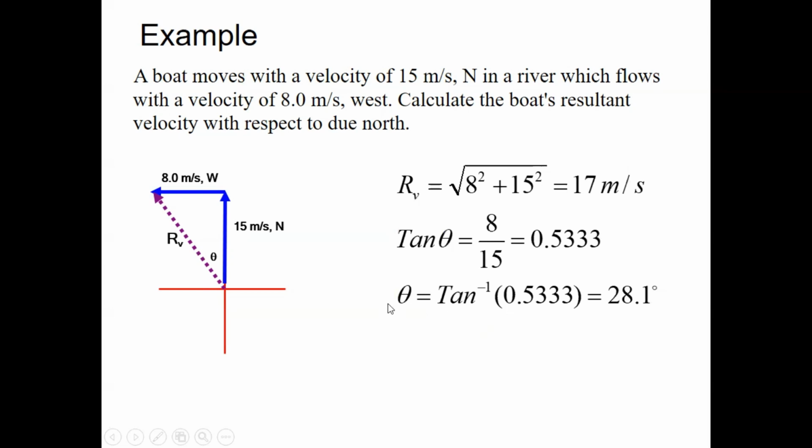You can find theta is 28.1 degrees. So the final answer is 17 meters per second at an angle of 28.1 degrees west of north. It will be west of north. And that's how we solve such problems with vectors. And you can see that the resultant vector has two components. One is a perpendicular, the other is a base.